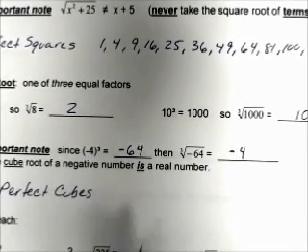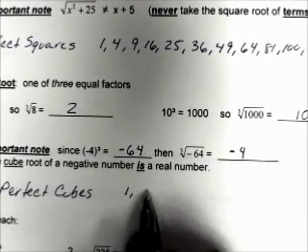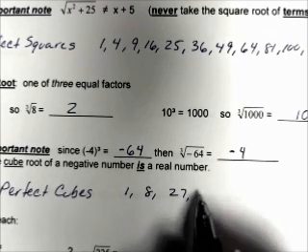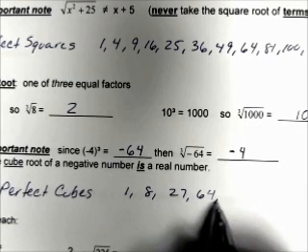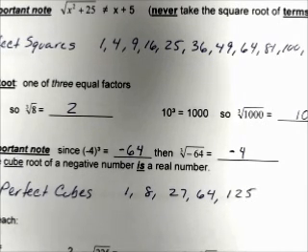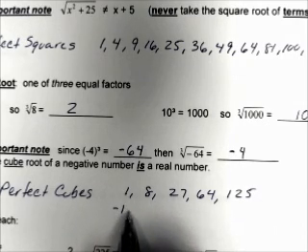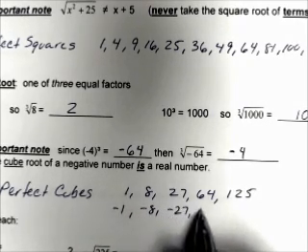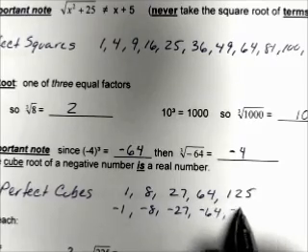Perfect cubes: 1, 8, 27, 4 cubed is 64, 5 cubed is 125. Also negative 1, negative 8, negative 27, negative 64, negative 125.